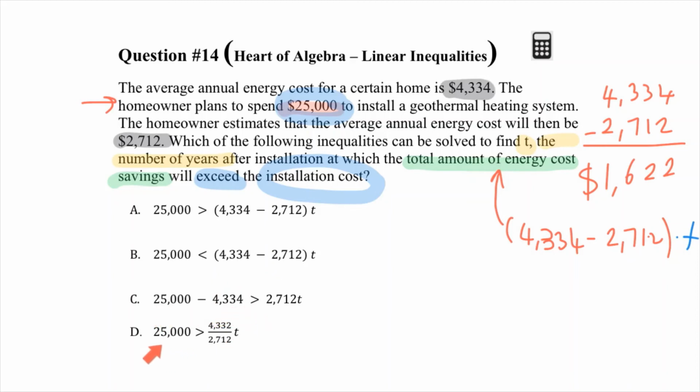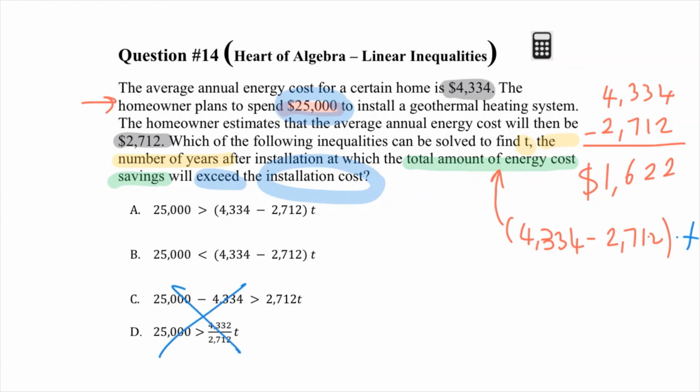And D tells me 25,000 greater than that one. So the total amount of energy cost savings is that one times t. That one times t is here, and here. I don't see the multiplication by the difference in annual energy cost here. So I simply eliminate C and D. These are not my possible answers.